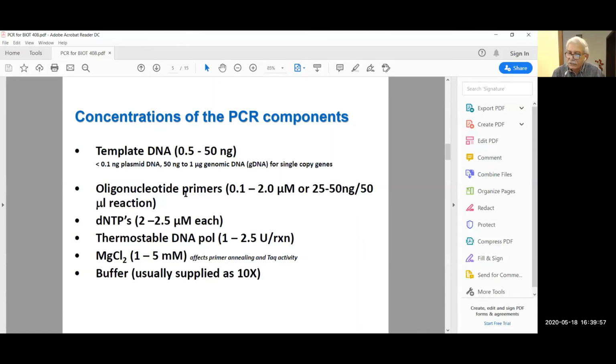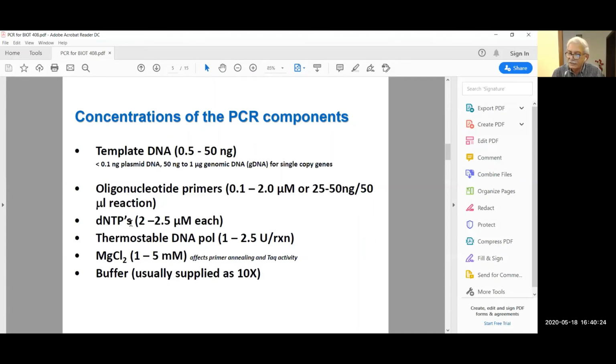Okay? And similarly, the dNTPs. So don't mention microliter. A microliter may mean 1000 nanogram per microliter. It may mean 25 nanogram per microliter. So don't talk about microliters. Talk about the total amount of the primer in your PCR. That's 25 nanogram.